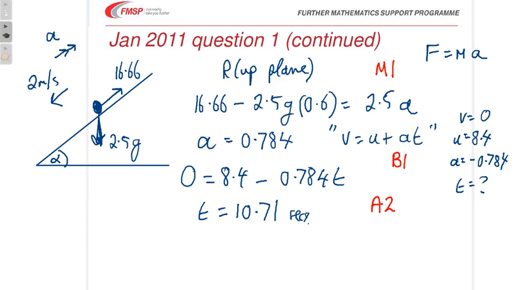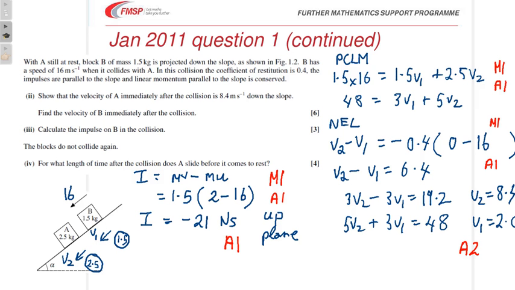Just checking that I've been clear with the mark allocation for the rest of it. I don't think I went through this. The mark allocation for the main part of the question, for finding the velocities after they collide, there was an M1A1 for the conservation of linear momentum, and likewise M1A1 for Newton's experimental law, and 2 accuracy marks for finding the velocities.